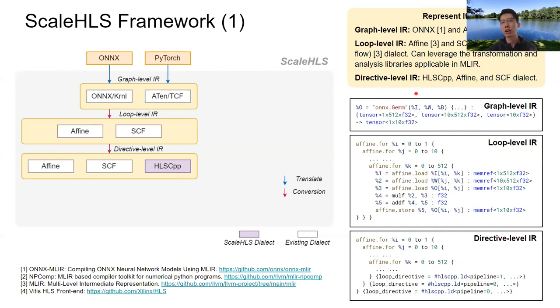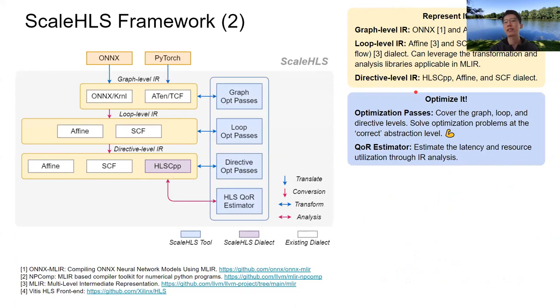And on top of these 3 levels of IR, we can easily apply those optimizations we mentioned before. So as the next step, we will introduce the optimization of ScaleHLS. We develop a set of optimization passes for each level of IR, including graph, loop, and directive. And here we intend to solve the optimization problems at the correct abstraction level.